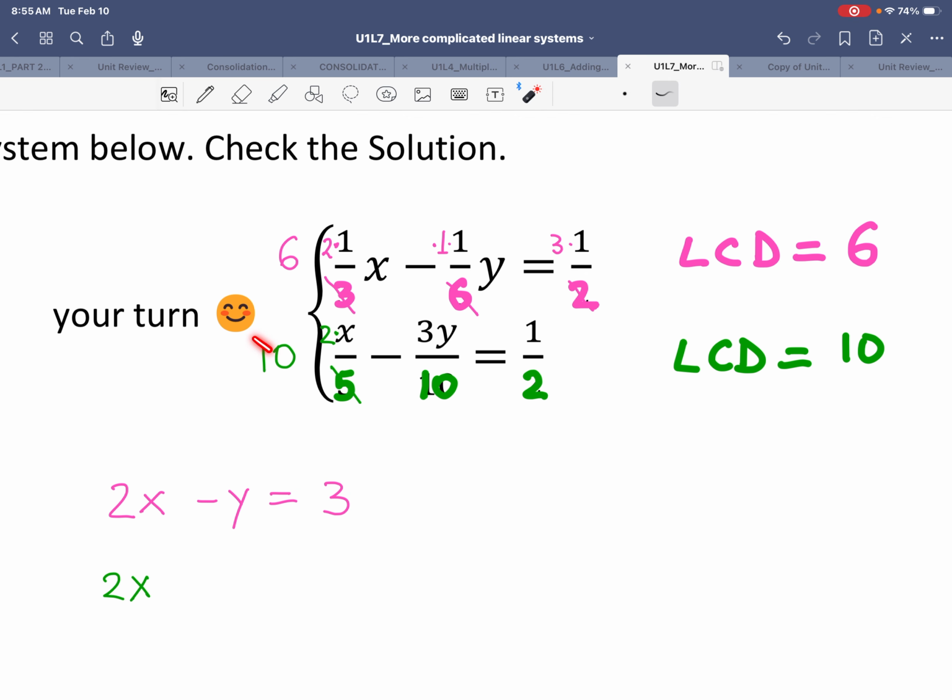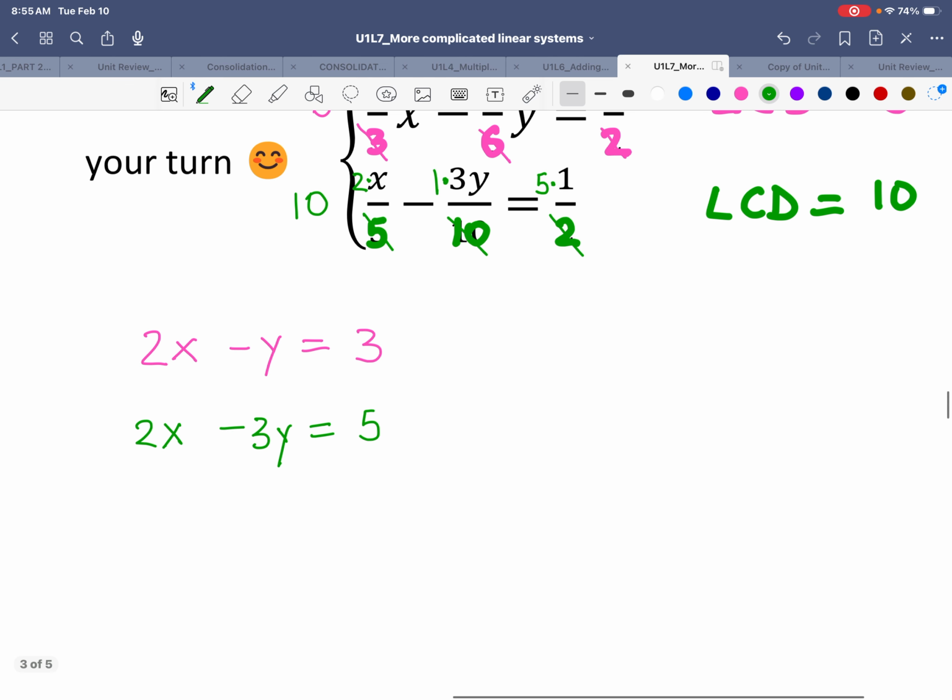Now 10 divided by 10 equals 1. So 1 times 3y equals 10 divides 2 to give 5. So 5 times 1. And as you can see, we have created two equations with no fractions very quickly.